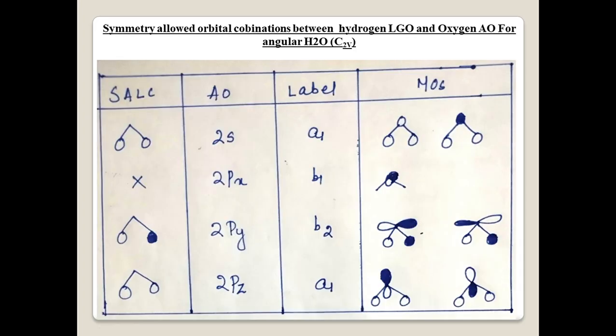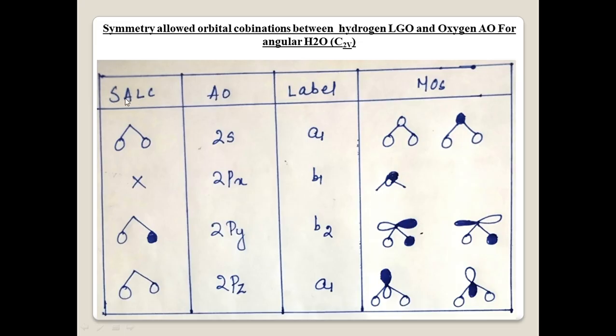Now, symmetry allowed orbital combinations between hydrogen LGO and oxygen AO for angular H2O. What we have to do is compare for both C2v and D∞h. Here I have drawn it first for C2v. Here SALC means symmetry adapted linear combination.